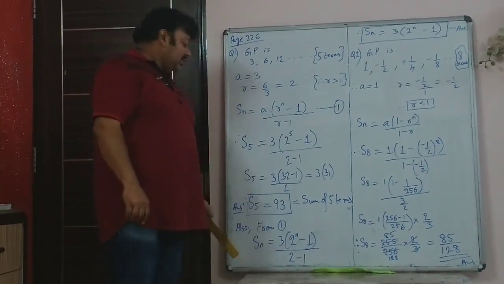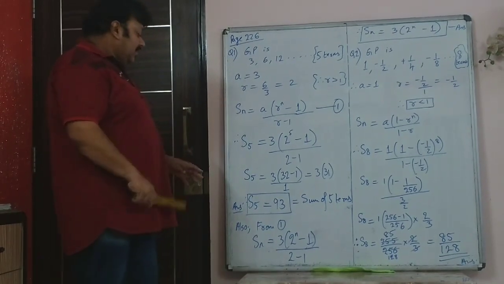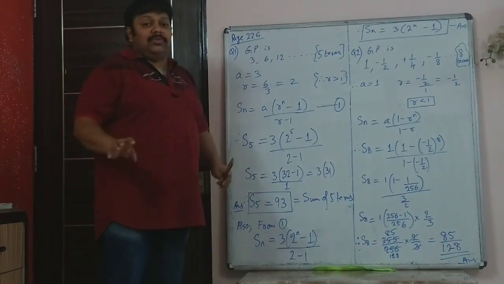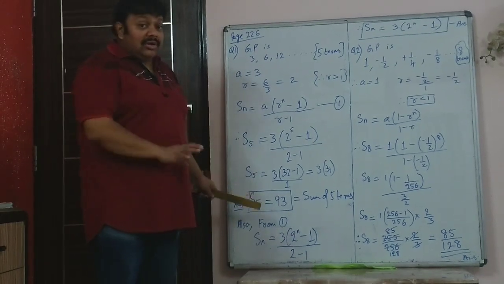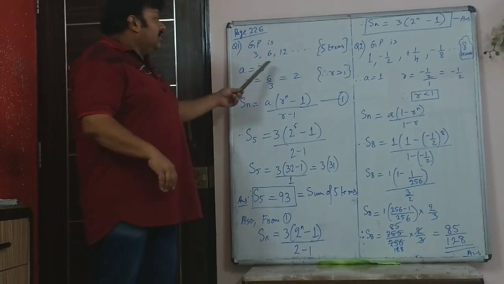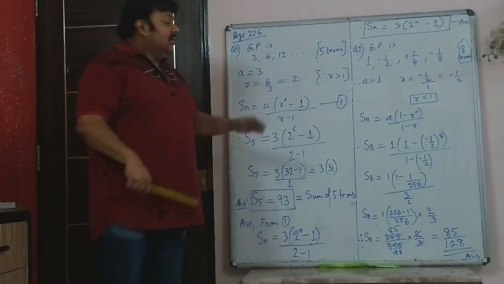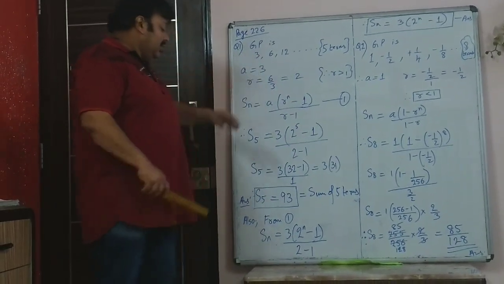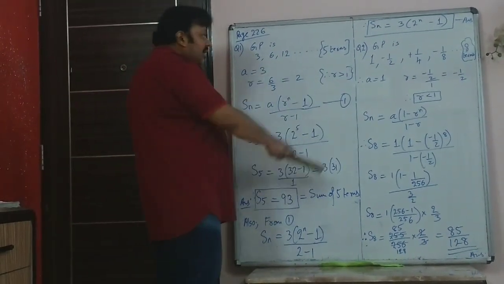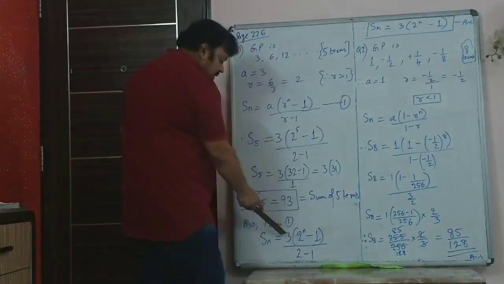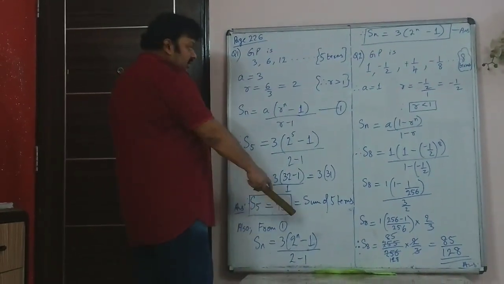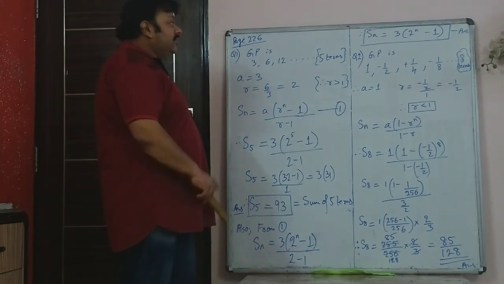So the denominator is 1. This is not a formula for all GPs. This is an expression for the sum of n terms for this particular GP. You can write it as 3 into 2 raised to n minus 1. So that is S of n.